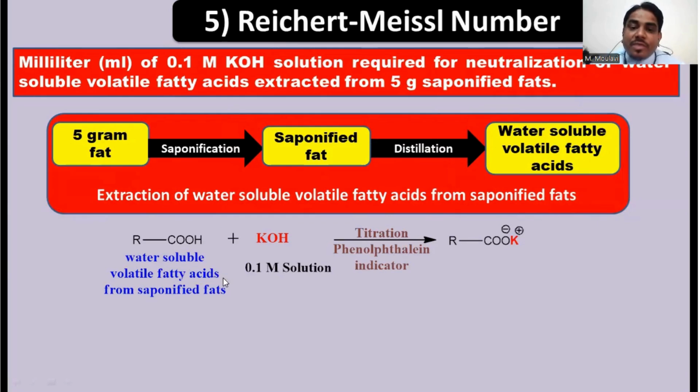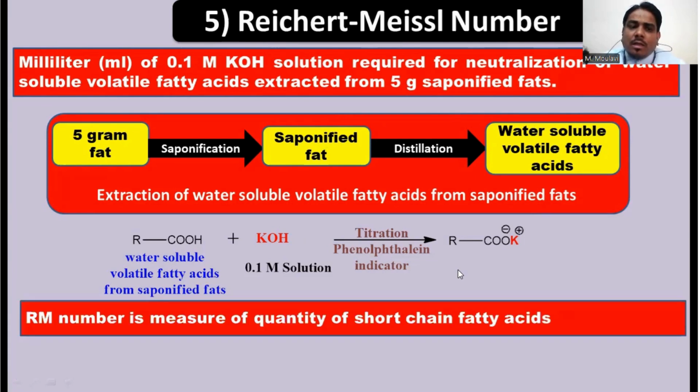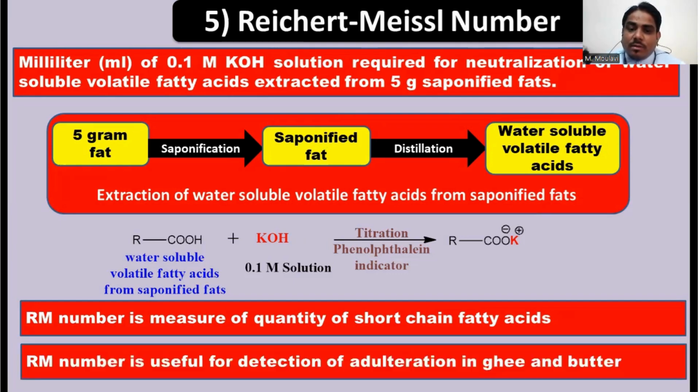This milliliter of KOH is known as the Reichert-Meissl number. Reichert-Meissl number is a measure of the quantity of short-chain fatty acids present in the oil and fat, and this is also useful for detection of adulteration in ghee and butter.